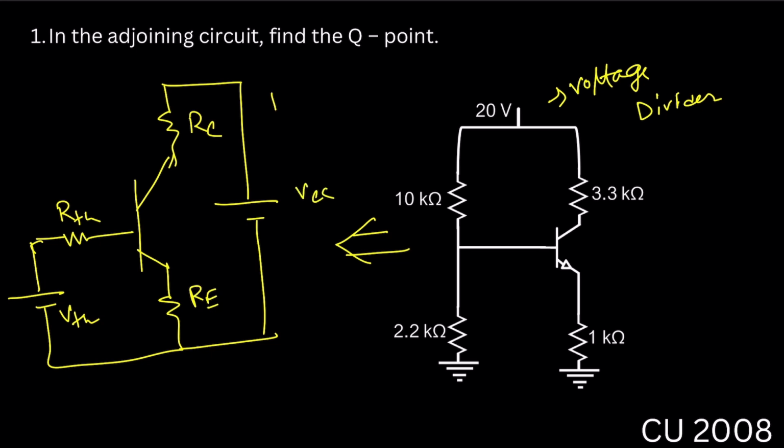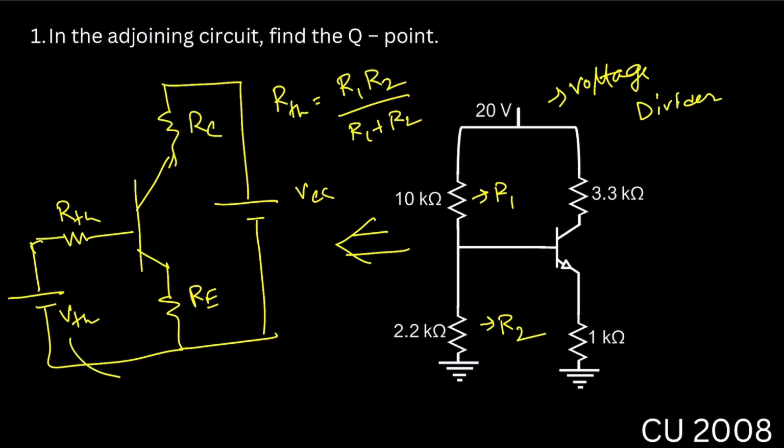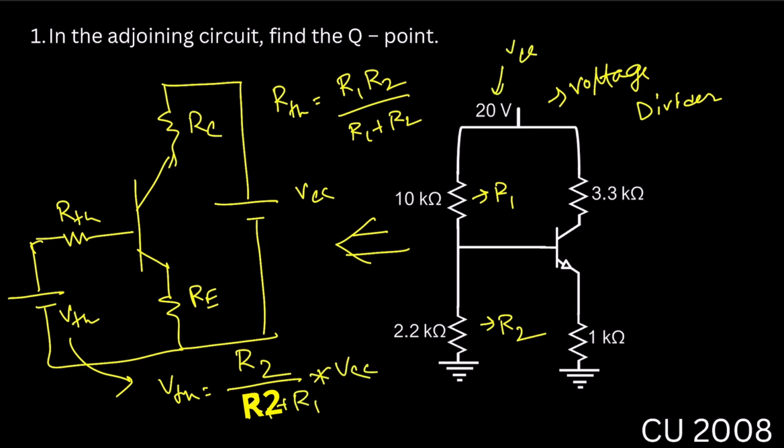And we know that the value of RTH is equal to R1 R2 divided by R1 plus R2, where this is R1 and this is R2. Okay, and the value of VTH is equal to R2 divided by R2 plus R1 multiplied by VCC, where VCC is 20 volt, right?